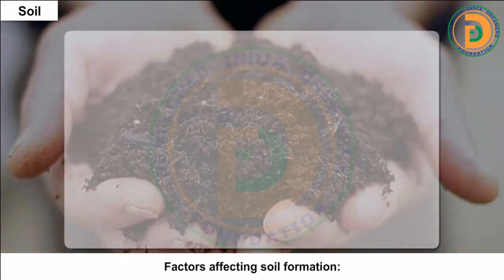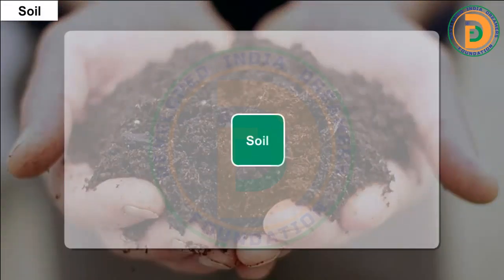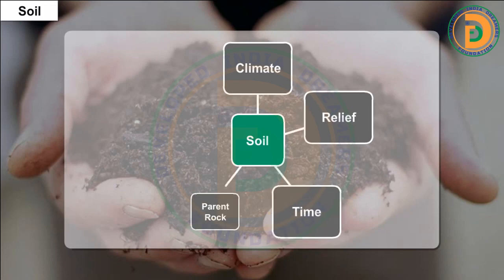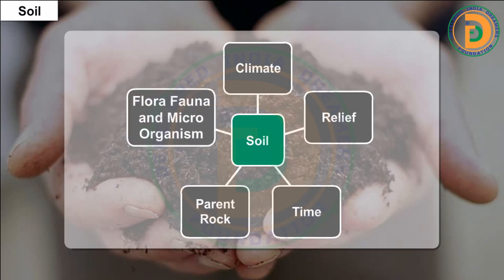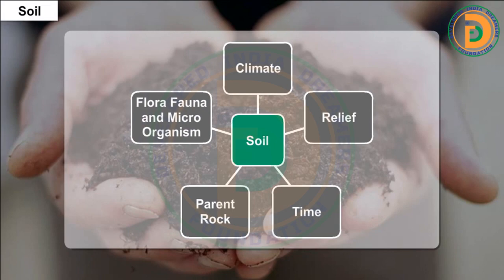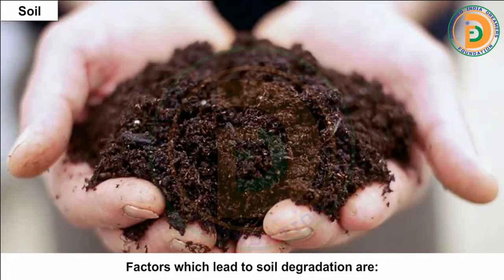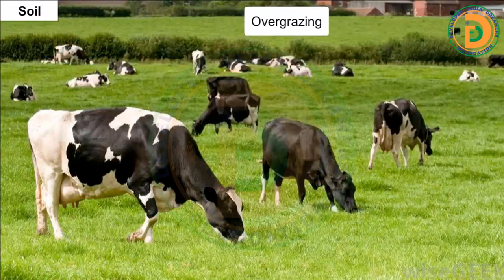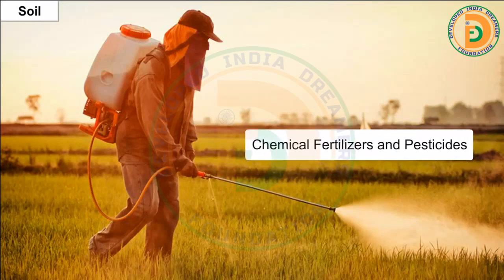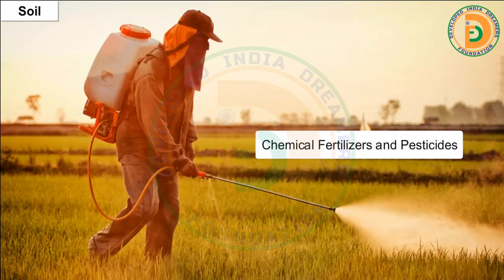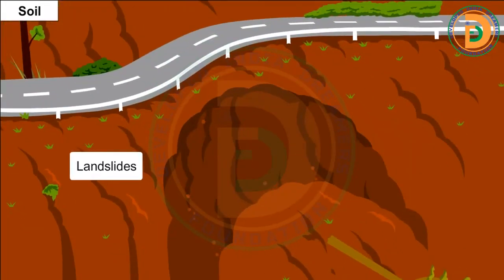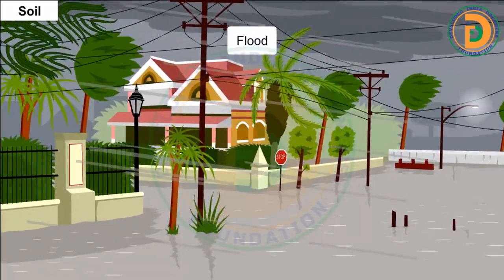Factors affecting soil formation: climate, relief, time, parent rock, flora, fauna, and microorganisms. Factors which lead to soil degradation are deforestation, overgrazing, overuse of chemical fertilizers and pesticides, rainwash, landslides, flood.